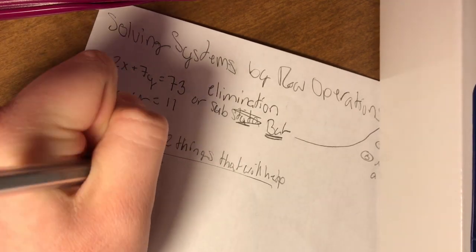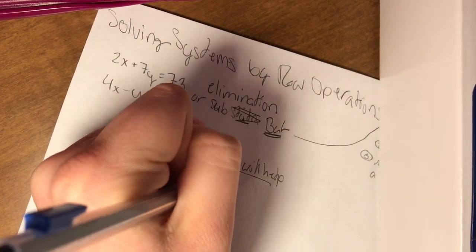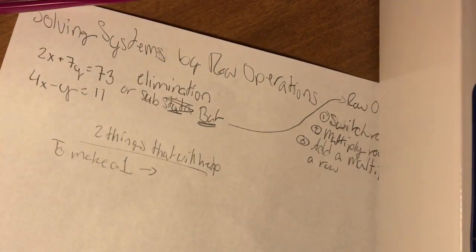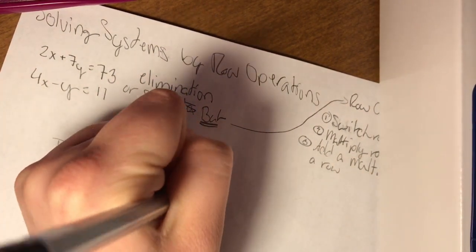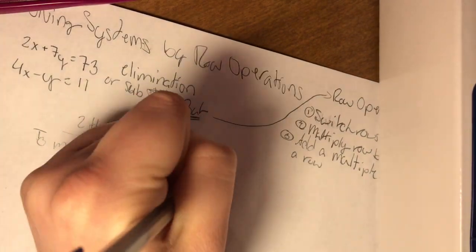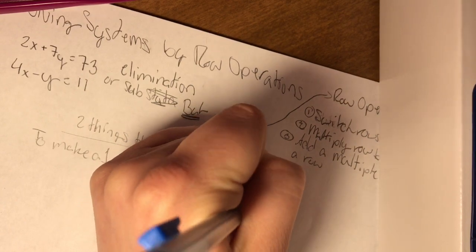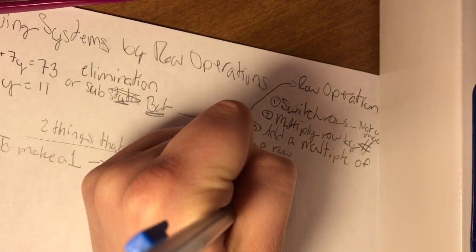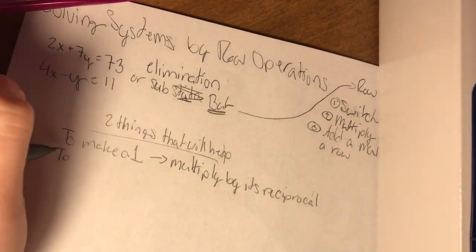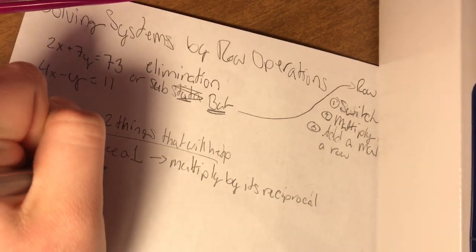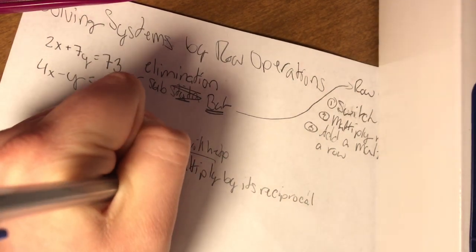To make a 1, you multiply by its reciprocal. Then to make a 0, add its opposite.